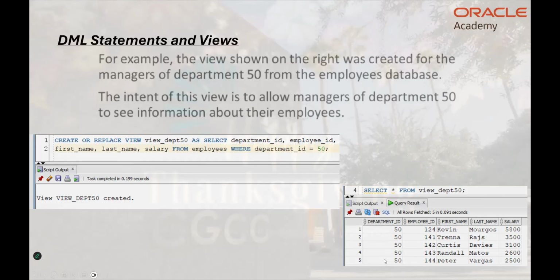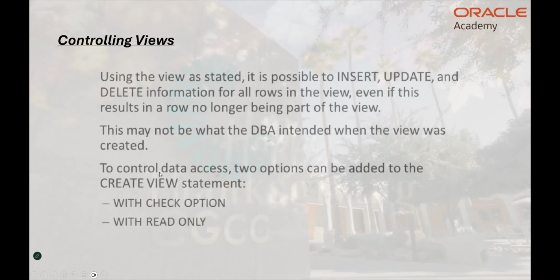Simple enough. And if they bring up that view or do anything with that view, they can only view. I've seen those types of examples as far as views quite a lot, restricted to a department.